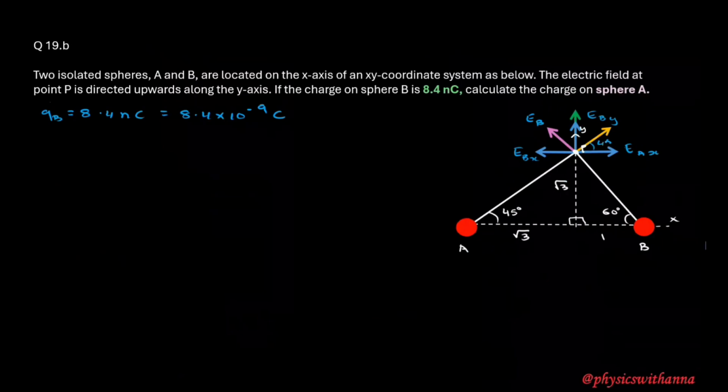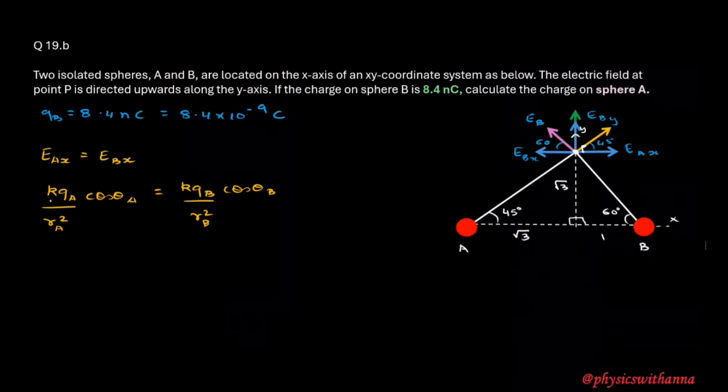This angle again will be 45 and this will be 60. So since these two x components must cancel each other, they must have equal magnitude and they must be directed opposite to each other. So I can write EAX to be equal to EBX. EAX can be written as KQA over RA squared cosine theta A, and this will be KQB over RB squared cosine theta B. Both components are attached to the angle theta, so when we find its magnitude, it has to be with cosine theta.